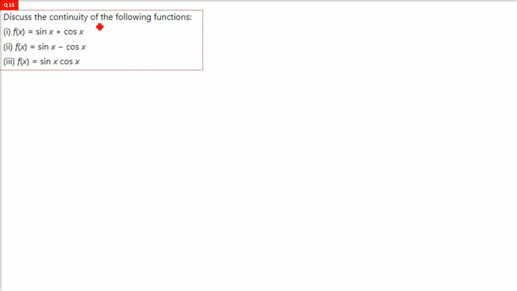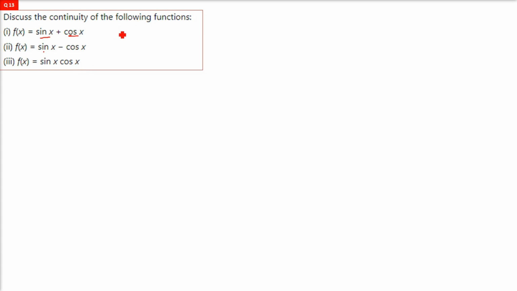Discuss the continuity of the following functions. Now here if you see, we have sin x plus cos x, sin x minus cos x, and sin x cos x. In all of these parts, sin x and cos x are two different functions.